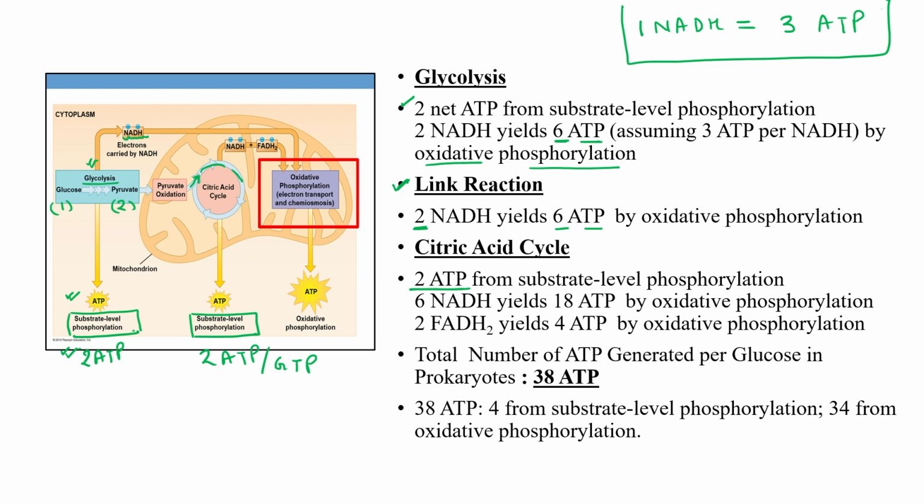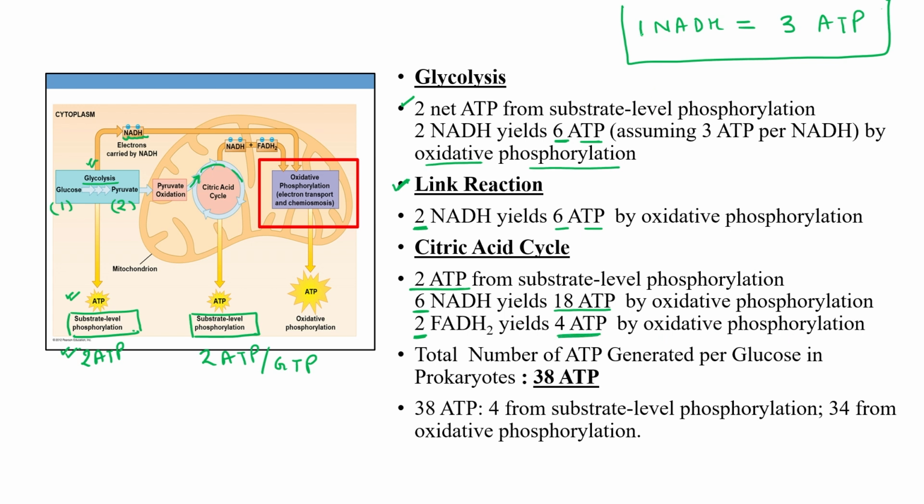While some other molecules are formed during the citric acid cycle, such as NADH and FADH2. So 6 molecules of NADH and 2 molecules of FADH2 are formed. With the help of these 6 NADH, we will get 18 molecules of ATP by oxidative phosphorylation, and with the help of 2 FADH2, we will get 4 molecules of ATP by oxidative phosphorylation.